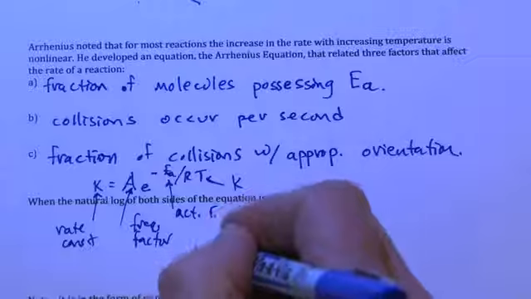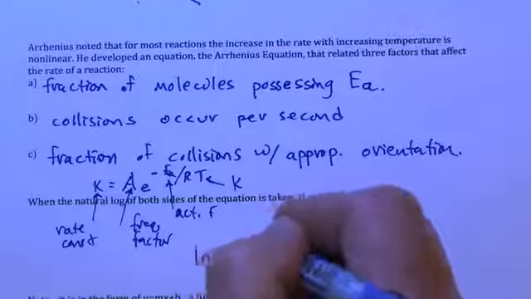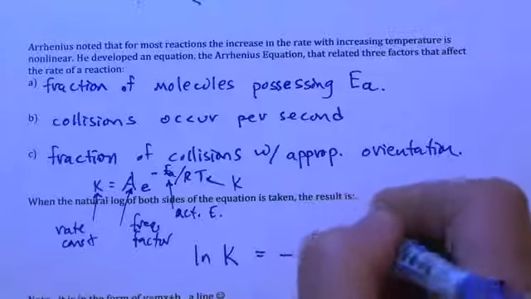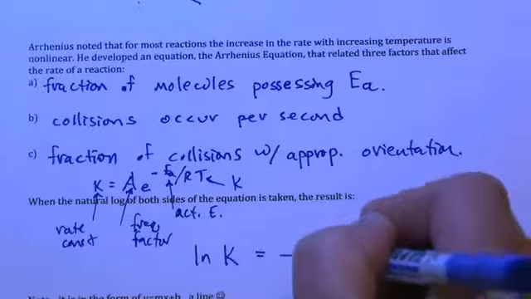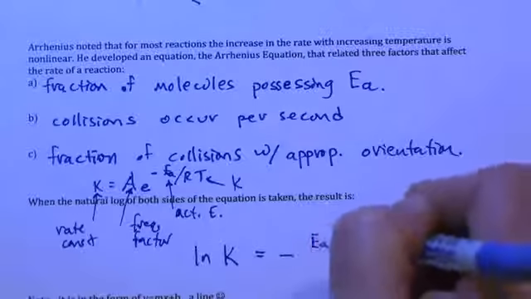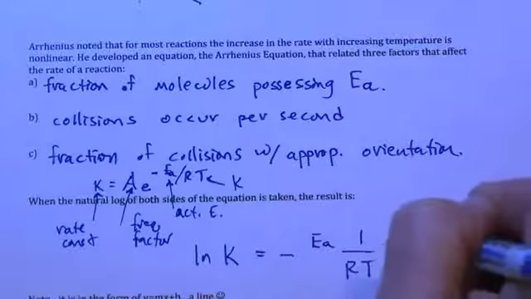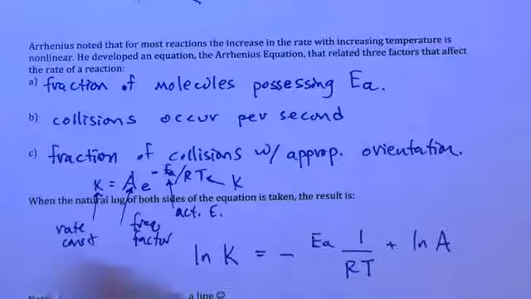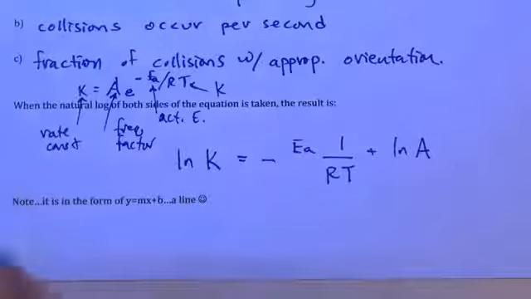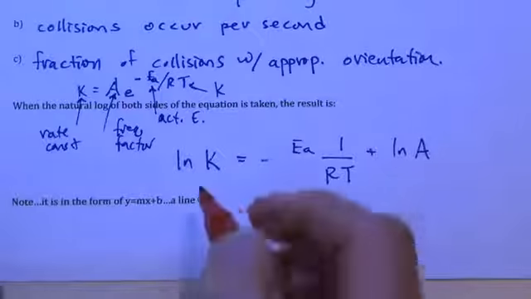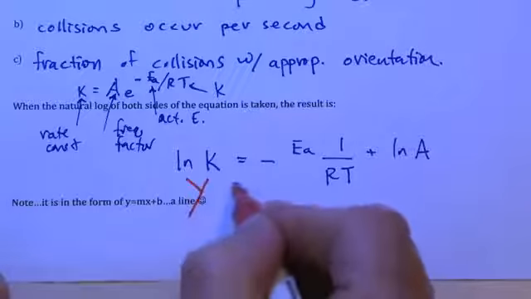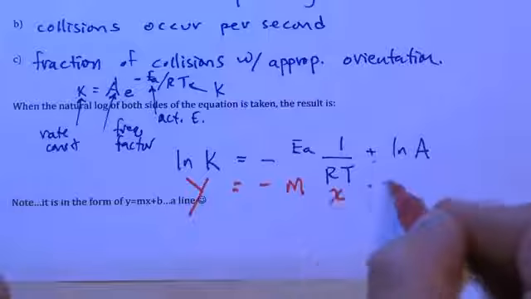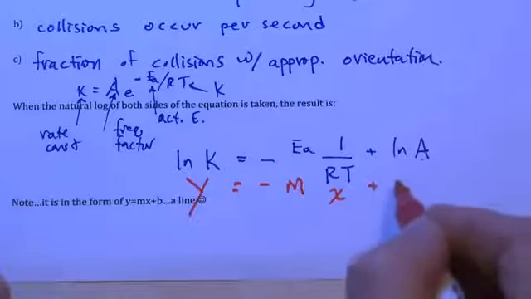It took this form: natural log of k equals negative E sub A times 1 over RT plus the natural log of A. If you're a little bit observant, you can see that this is y, this is m, this is x, and this is b.